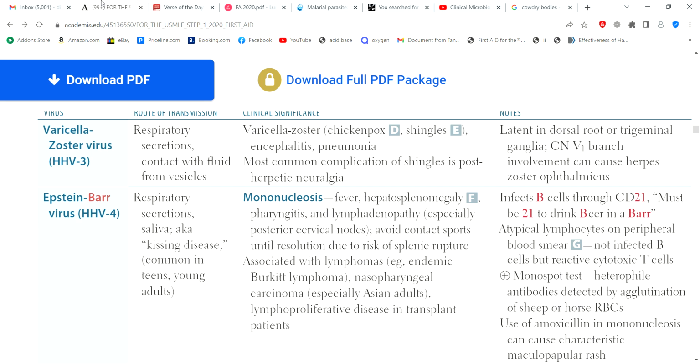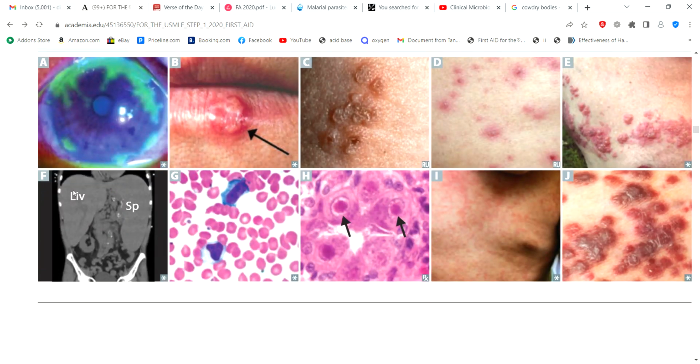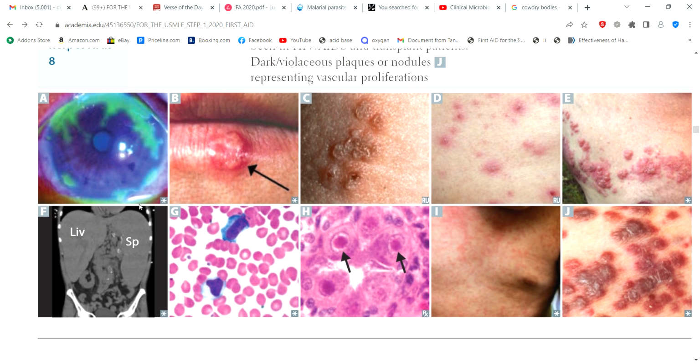It's passed by saliva. Mononucleosis causes fever, hepatosplenomegaly, which is seen in figure F. See this figure F right here? Hepatosplenomegaly, liver and spleen are both enlarged.